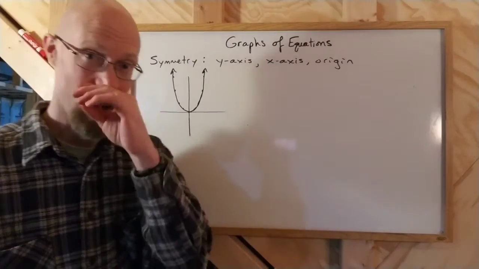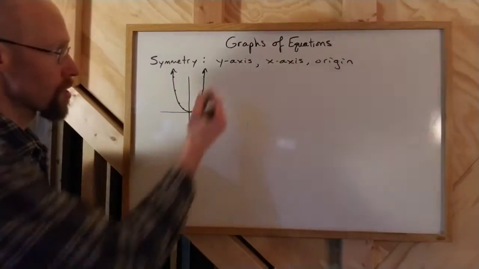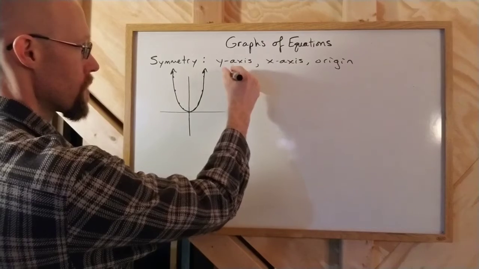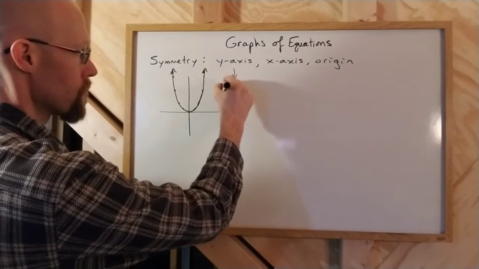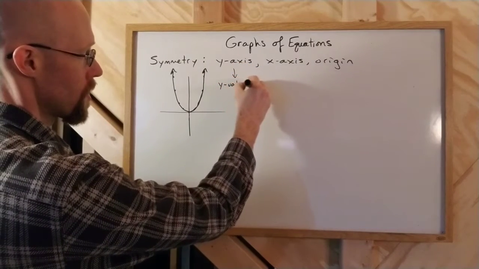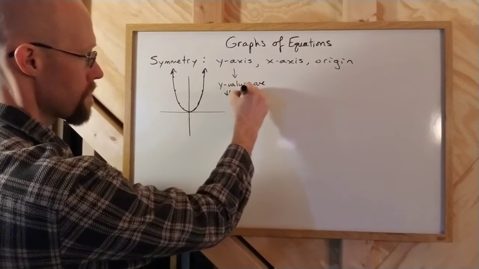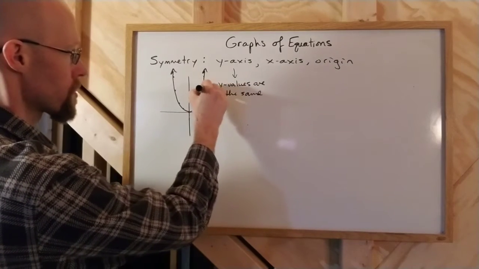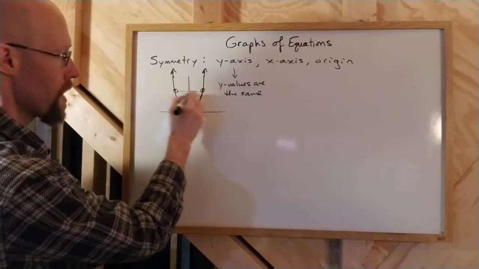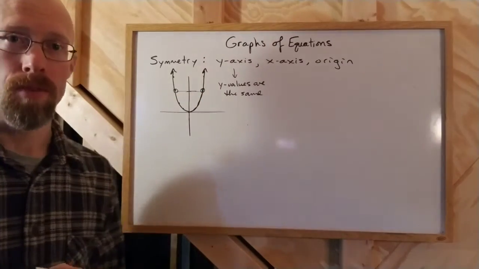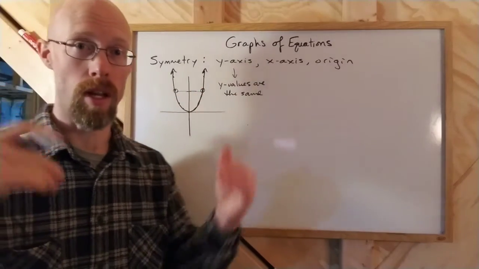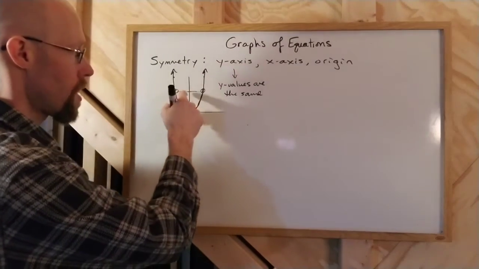Okay? Now, a reflection basically across the y-axis means that the y values are the same. So between 2 points that are symmetric, the y value there is the same. Okay? It's the same y value on each point. The x values are opposites.